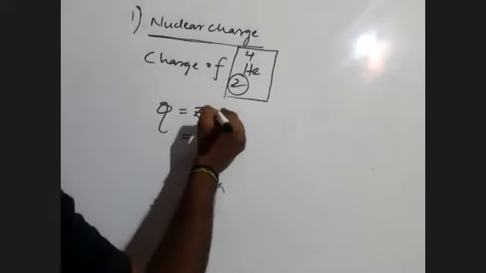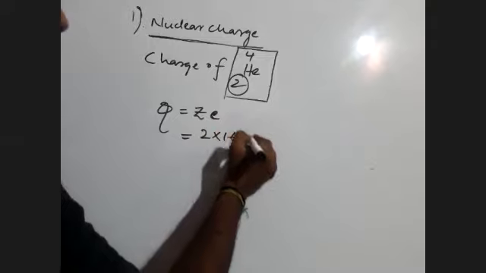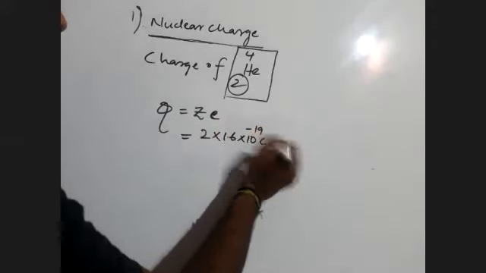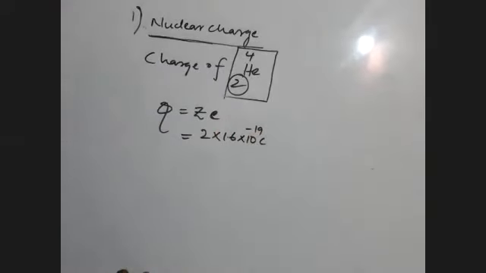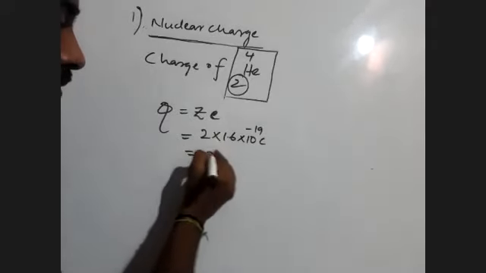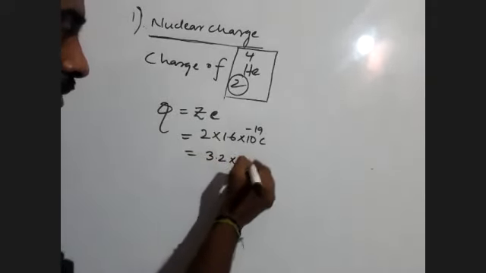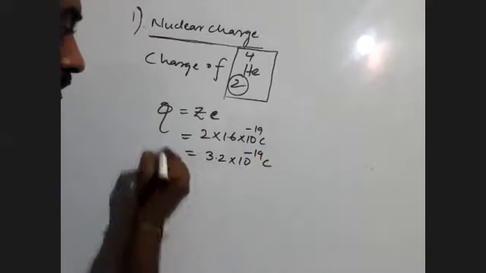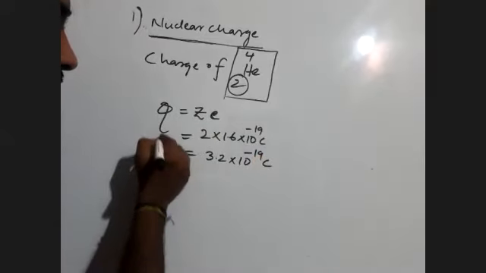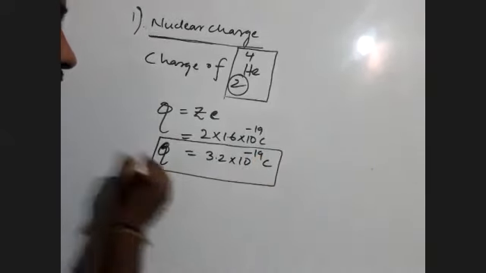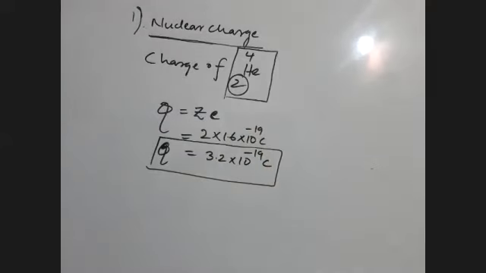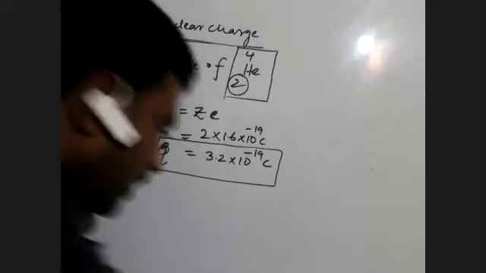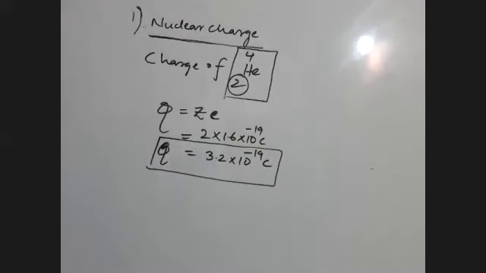The proton charge is 1.6 × 10^-19, which is positive. So 1.6 times 2 gives 3.2 × 10^-19 coulombs. This is the charge of the helium nucleus. In this way you can determine the nuclear charge. So we completed the first property, that is charge.